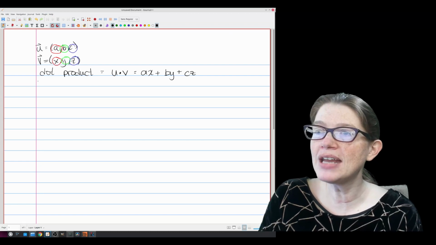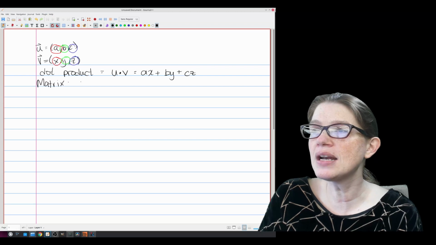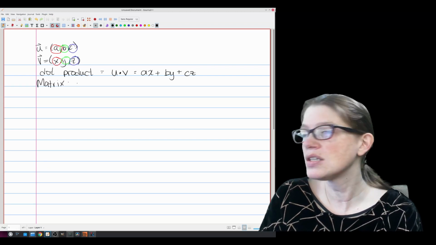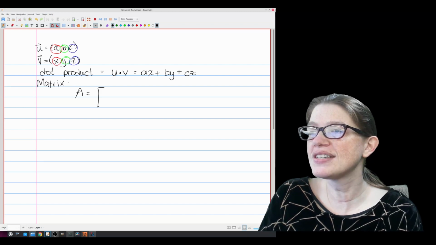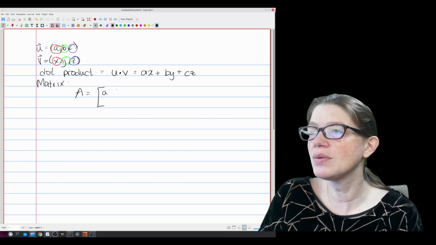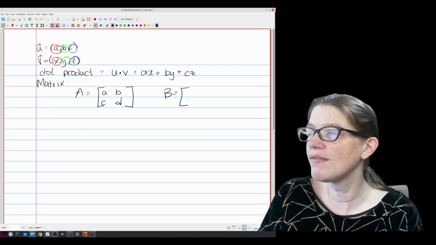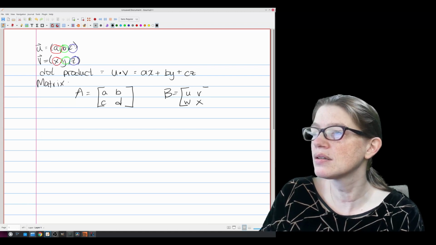So remember that a matrix is represented like this. I'm just going to use 2 by 2 matrices because that's going to be easiest here. So I've got matrix A, and we'll set its values equal to a, b, c, and d. And then we'll have matrix B, which will have values u, v, w, and x.